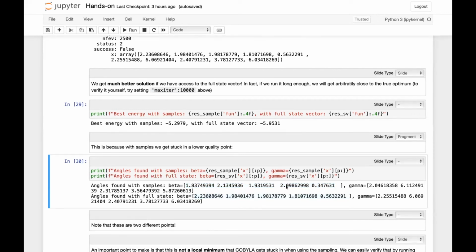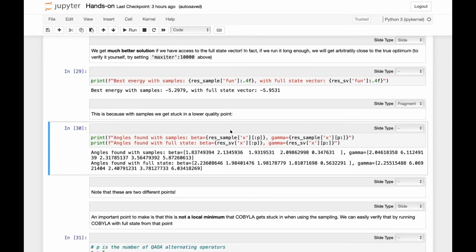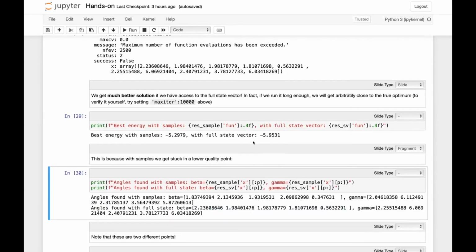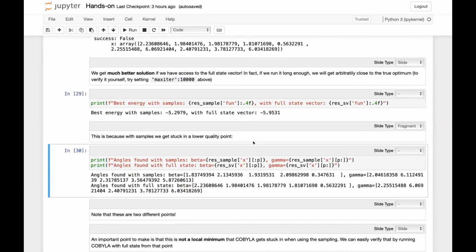These are quite different numbers. So our optimizer, when optimized against the objective from samples, is getting stuck in some low quality local optimum. And this is because essentially the sampling noise throws off the deterministic optimizer we use. And so it thinks it's in the local optimum, but it's not.